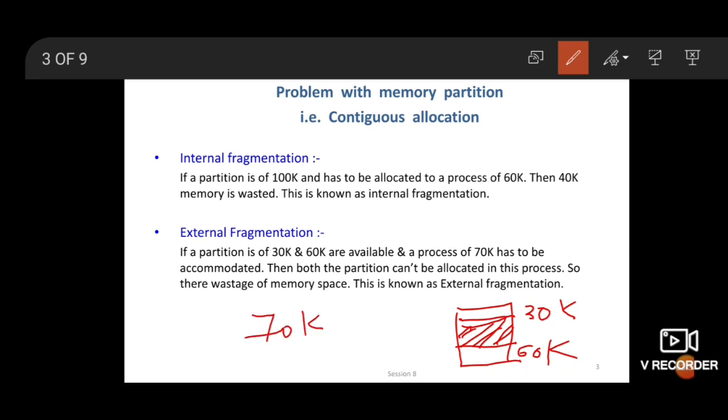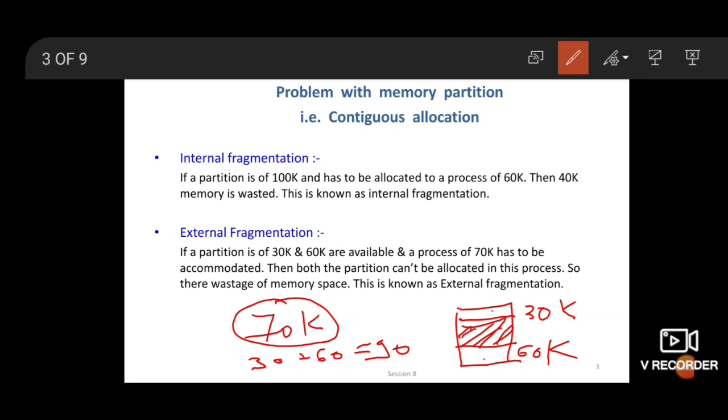70K. But this 70K process is not accommodated in the 30K or the 60K partition because 70K is greater than 30K and 60K individually. But 30 plus 60 is 90K, which is greater than 70K, yet the process is not accommodated within these two memory spaces.